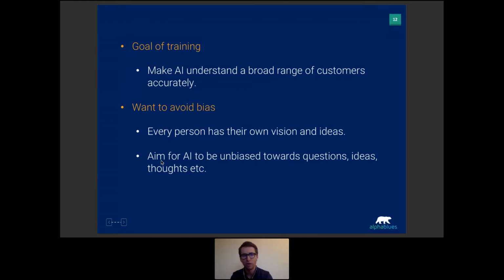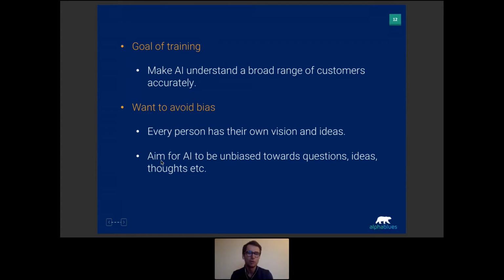And what you want to avoid is bias, because as bot trainers, if you have one or two people training the bot, then ultimately they have their own way of thinking, of answering things, but it might be different from how other people think. And so the whole trick with chatbots is that people are so different. Our brains are wired differently. We think differently.